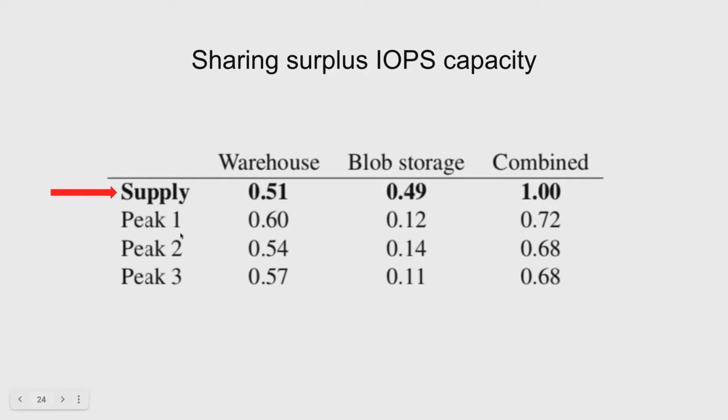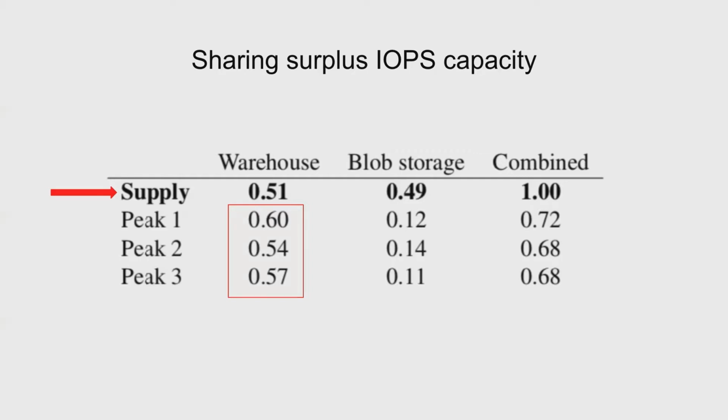So on peak 1, the warehouse actually needed a capacity disk time of 0.6, which it was able to share from the blob storage. Since the blob storage has a very predictable pattern, we see that the peak values for disk time mostly lie along the same range, whereas for the data warehouse, it goes up and down frequently.